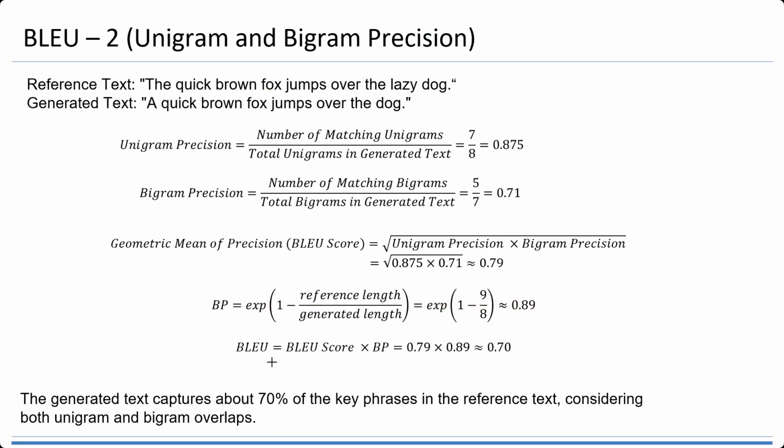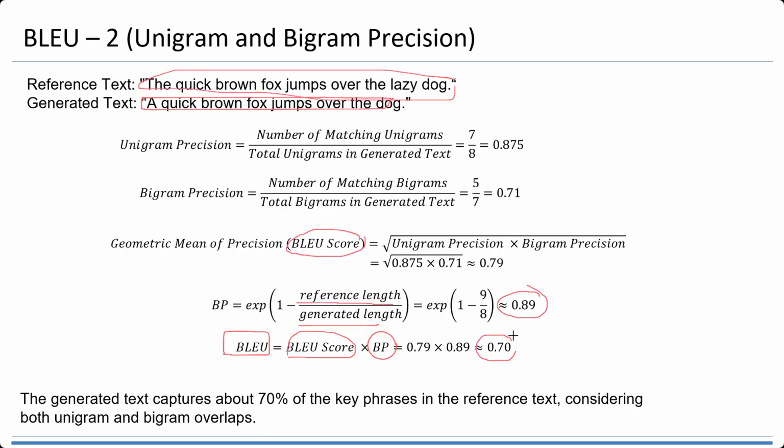So the total BLEU score is this one multiplied by the BP, which is the brevity penalty. So this is the penalty, because this one is shorter than this one.